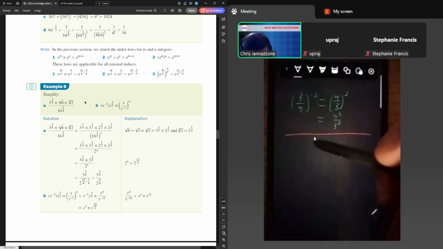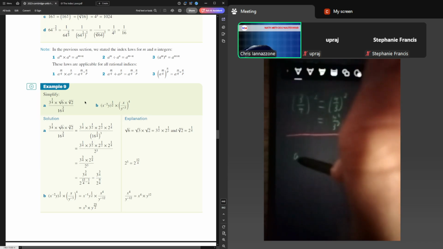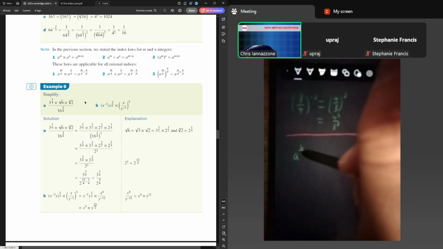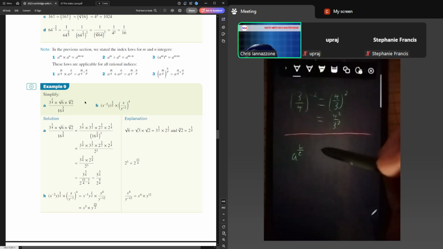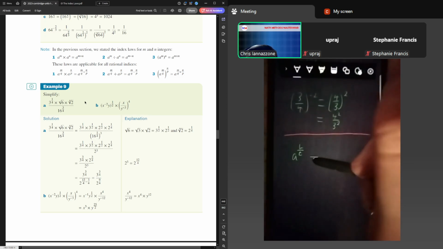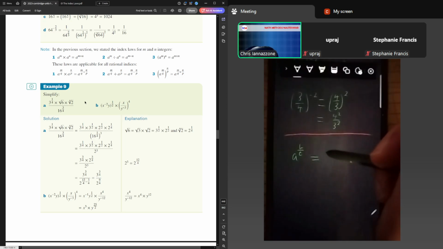If we have any a to the power of, I'm just going to use b over c because those are probably a bit easier to distinguish between. A to the power of b over c is the same thing as the cth root of a to the power of b.